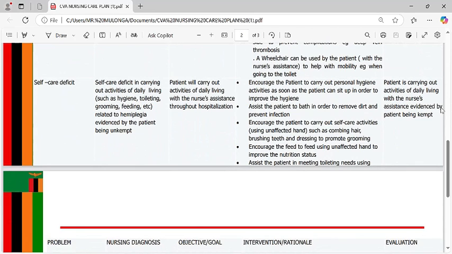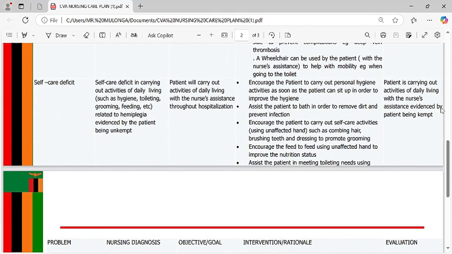From there, we go to the other problem. Because this patient is unable to move their limbs, they will not have the capacity to take care of themselves.